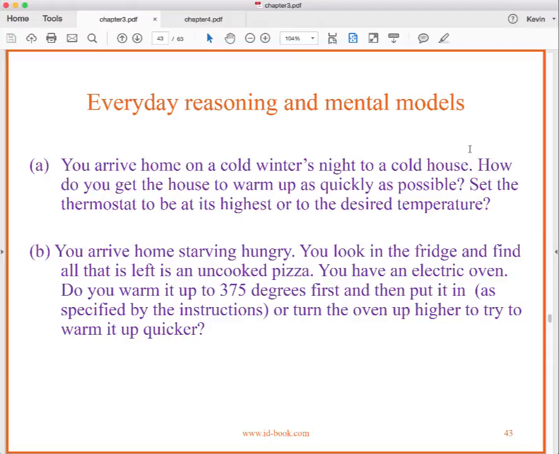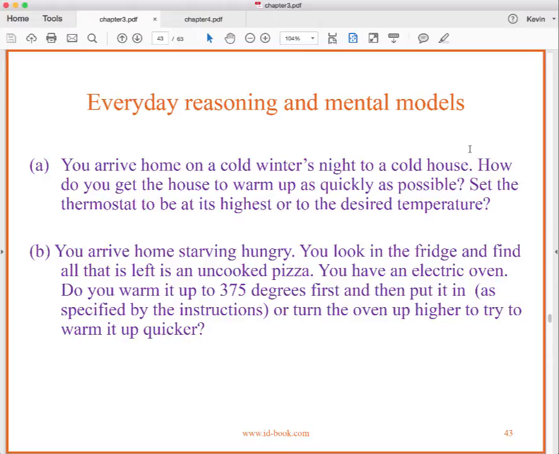People get wrong-headed mental models of information systems all the time. The example here on slide number 43 is people getting wrong how to use the thermostat.